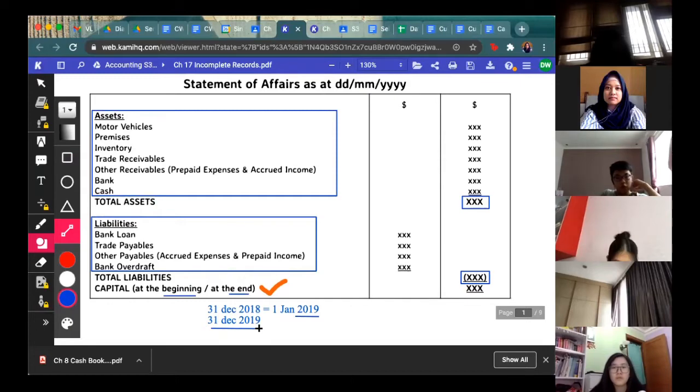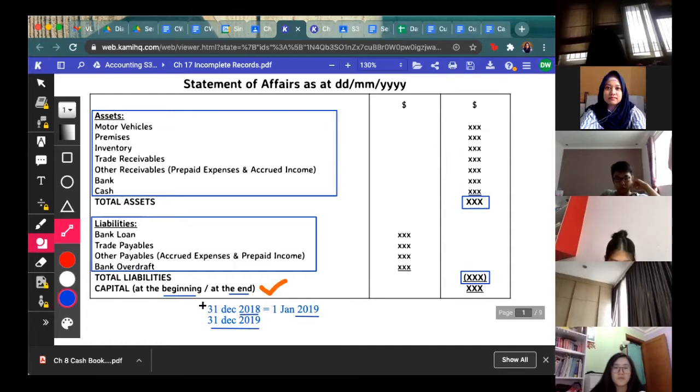Now, what if you are given information for two ending dates, which are 31 December 2018 as well as 2019? Which one is for the opening? The opening is the oldest one. So 31 December 2018 is equal to 1 January 2019.